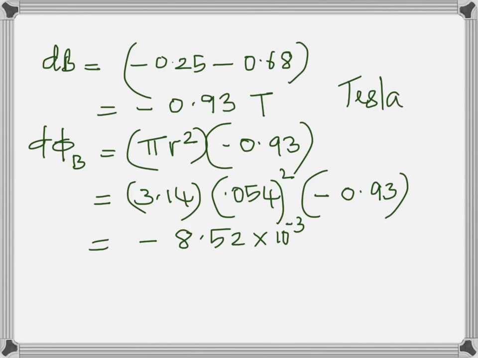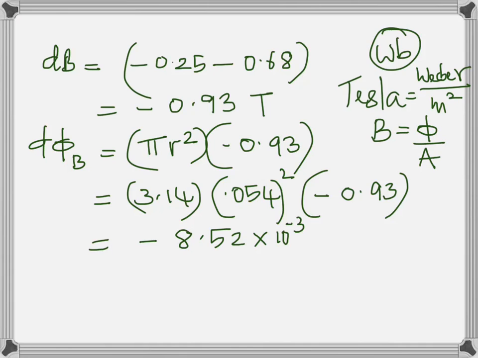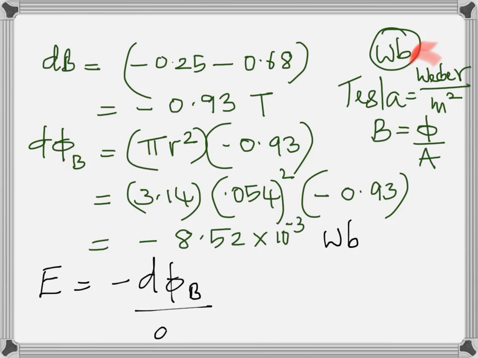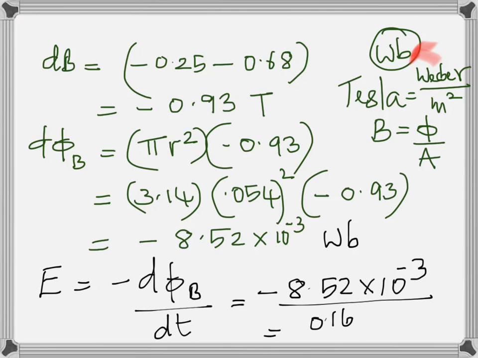The unit of flux is Weber, remember that, because B is phi by A. So Weber, and then E is minus d phi B by dt, so divide by the time and you would get the answer as 0.053 volt.